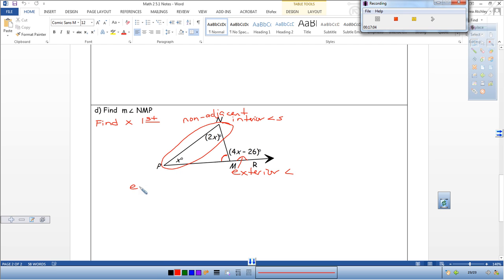So exterior angles equal the sum of the non-adjacent interior angles.